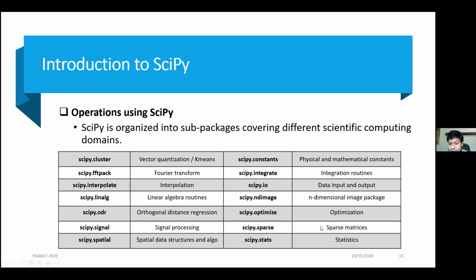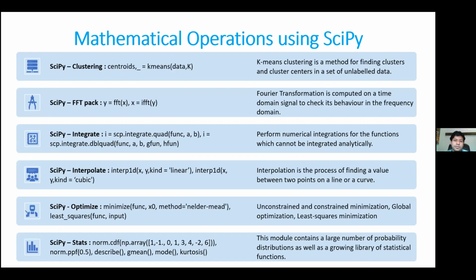Then scipy.sparse, which is for sparse matrices. Sparse matrices are those where most of the elements are zero and only a few elements are non-zero, so we can use specialized algorithms for very fast computations. There are integration routines also, and statistics. These are most of the libraries that SciPy provides that we commonly use. Now I'll go through some examples.